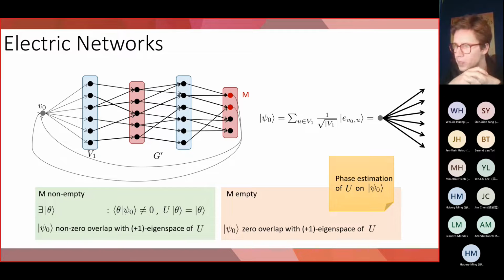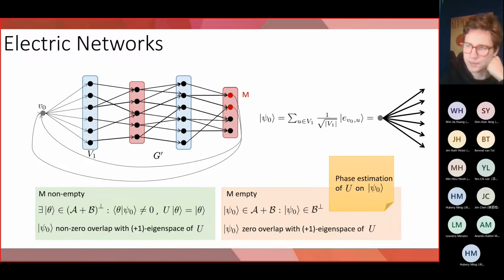And we're going to make life a little bit easier. So I will create some spaces A and B, such that theta would either be in the complement of the union of A and B. Here, A and B are linear subspaces of our Hilbert space, and this plus means I will just take the span of those two things.